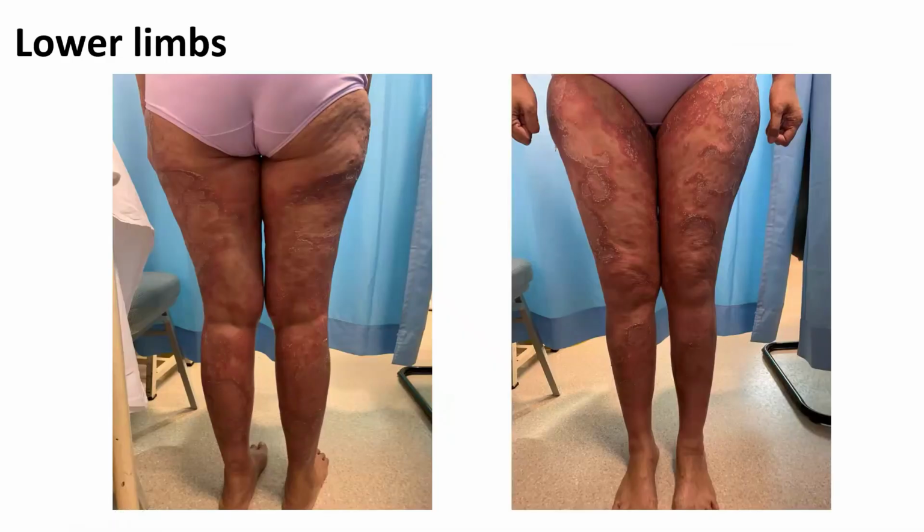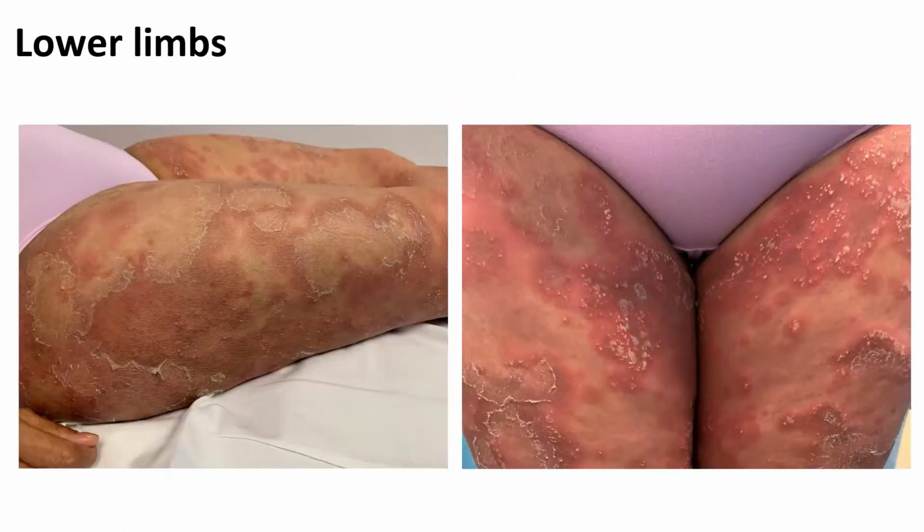Finally, the lower limbs. You can see there's quite extensive involvement of both lower limbs, covering about, I would say, 70 to 80% of the lower limbs. On close-up view, you can see the color is very bright red, almost a dusky color, with lakes of pustules, but the scaliness is limited to the periphery of the lesion only.